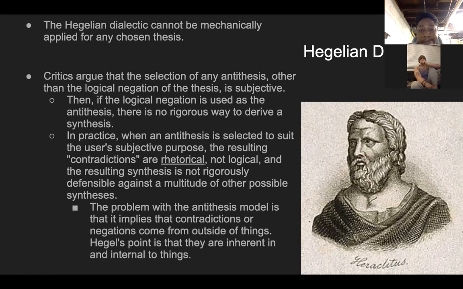And then if your answer is subjective, there's no way to say that someone else's answer isn't the right answer, because your antithesis, the one you use to correct your first idea, was wrong. Well, not wrong, but it was subjective. So then you're kind of playing with one leg down, pretty much.